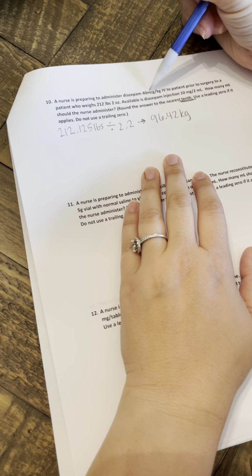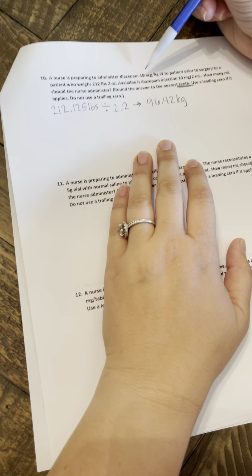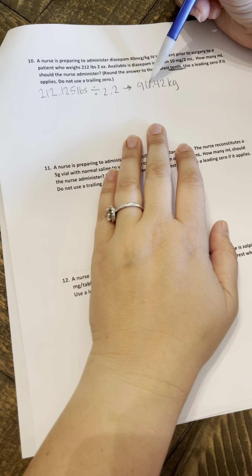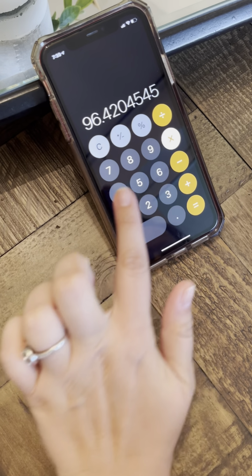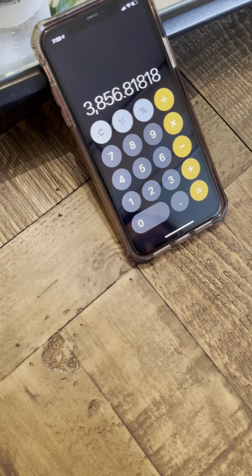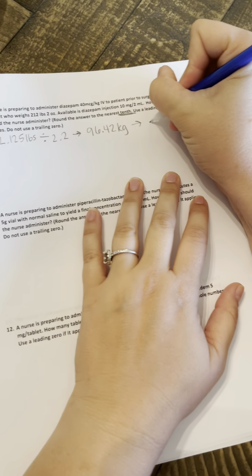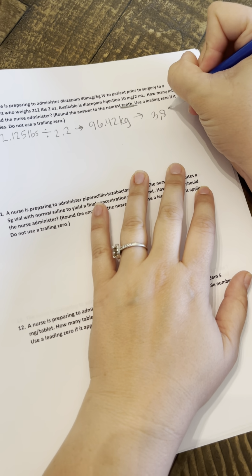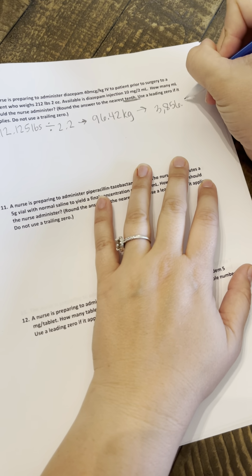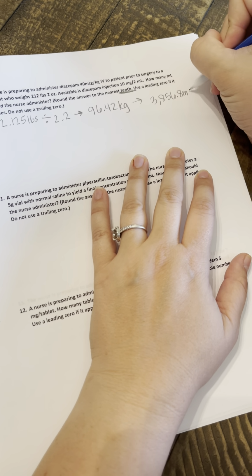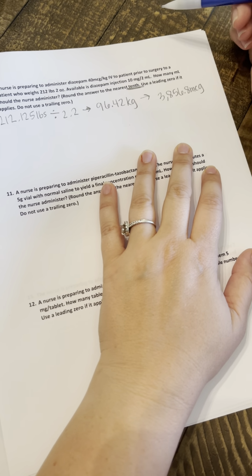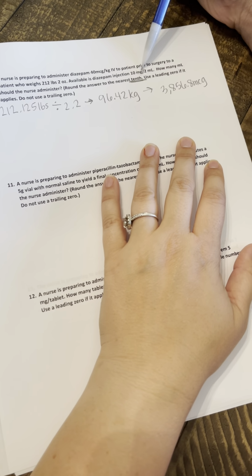Now we need 40 micrograms per kilogram, so we multiply it. 40 times 96.42, so 96.42 times 40. So we have 3,856.8 micrograms. And what we have available is in milligrams.